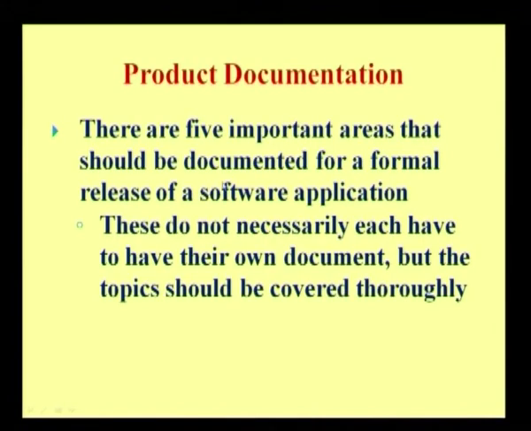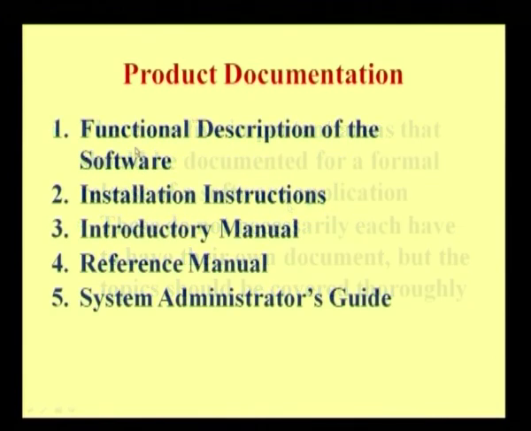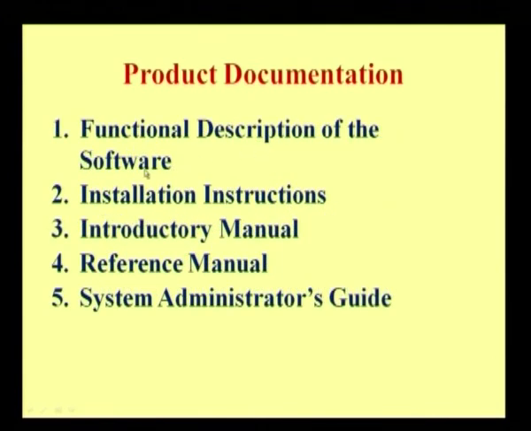As far as product documentation is concerned, there are 5 important areas that should be documented for a formal release of a software application: 1. Functional description of the software, installation instructions, an introductory manual, a reference manual and a system administrator's guide.